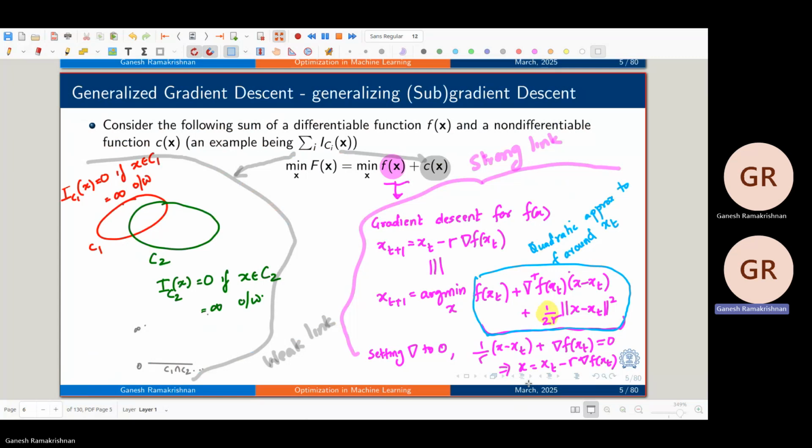So view the gradient descent update as a quadratic approximation around x_t using the slope as gradient of f at x_t. That's what this is. I'm trying to avoid repeating whatever is on the slide. Of course, this had a gamma. So that is a challenge, right?